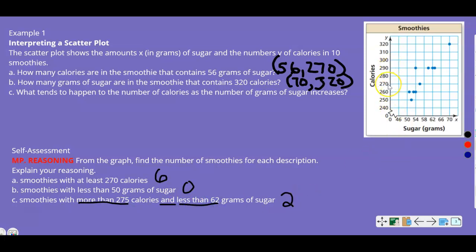So if we come up here and see more than 275 calories, that would be right in here. Here's 62 grams of sugar. So it's going to be right here. Those two are going to be the only two that are above 275.